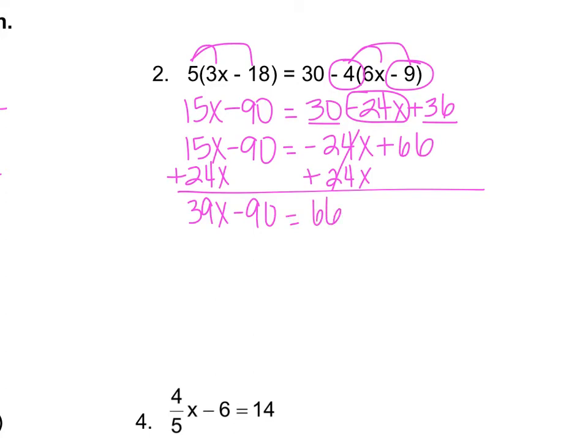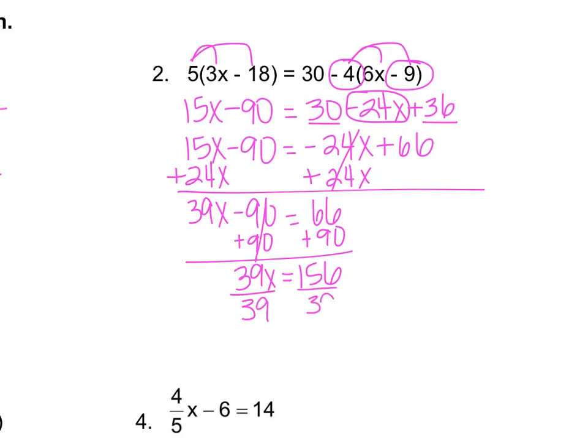We're going to isolate the x, so get it by itself by adding 90 to both sides. And we have 39x equals 156. To get rid of 39, divide. So we should get x equals, now this one actually gives you a whole number, 156 divided by 39 equals 4.